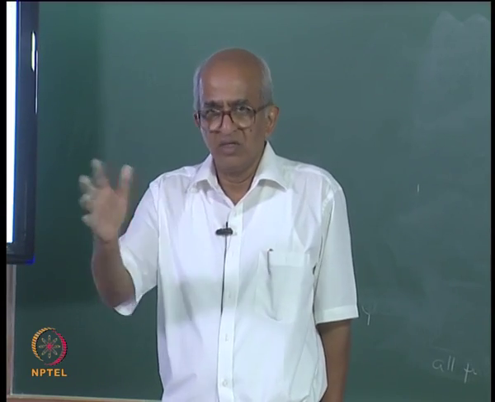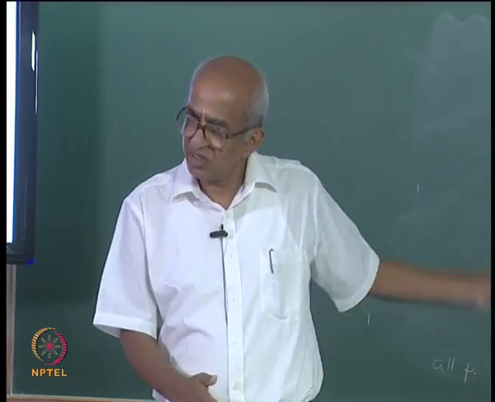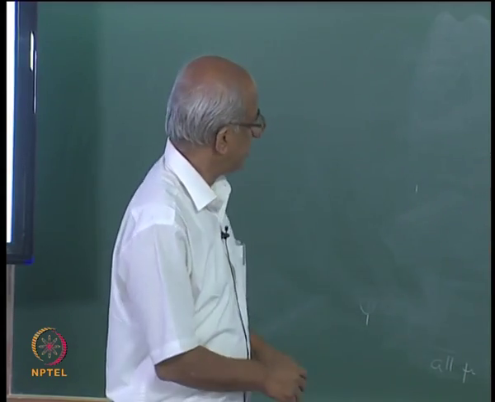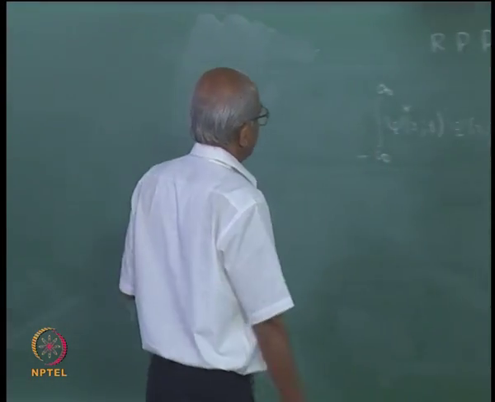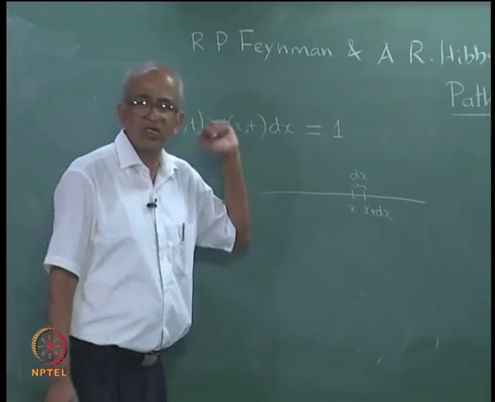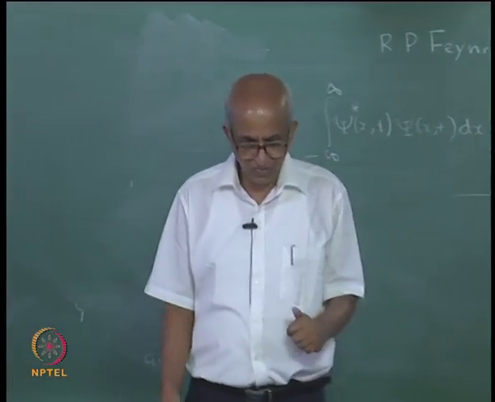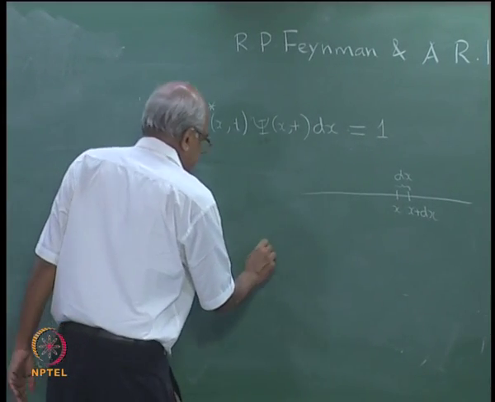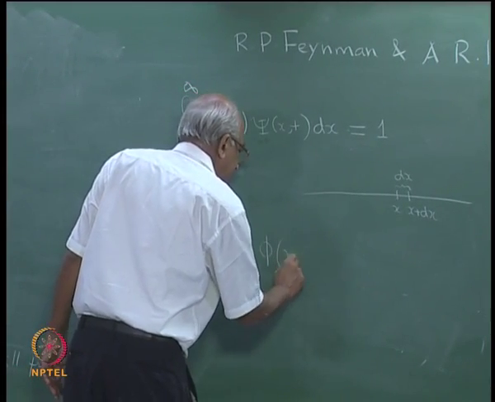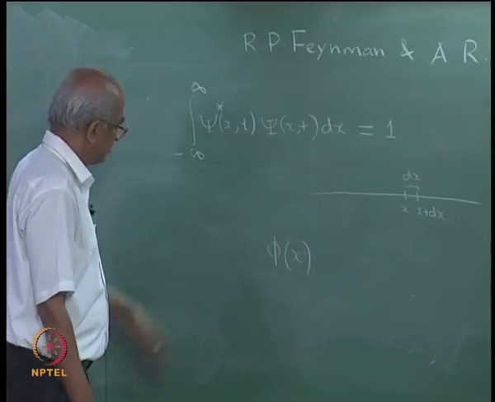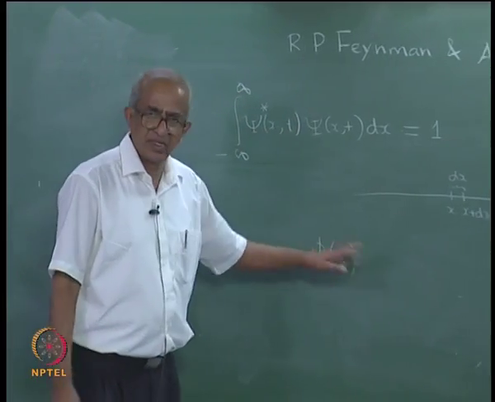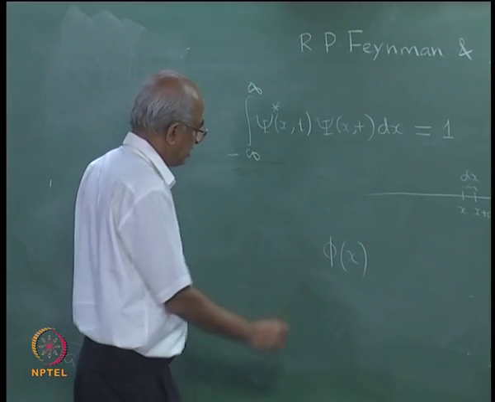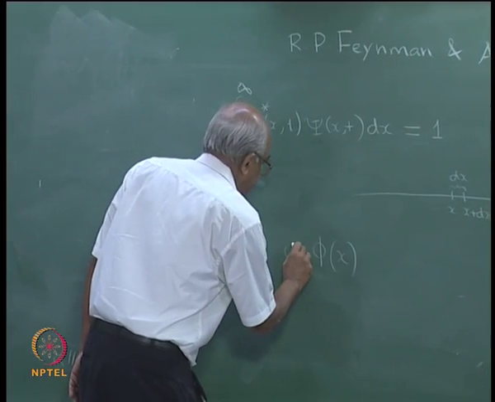So, total probability has to be equal to 1, so therefore, this integral has to be equal to 1. But suppose I have a function for which it is not equal to 1. For example, I can think of any simple function, but let me just take a function phi of x. I am not going to write the time dependence anyway, let us not worry about that. I want to just illustrate the point.